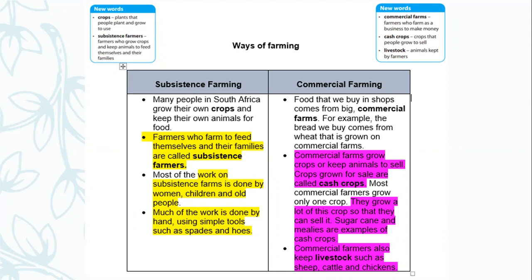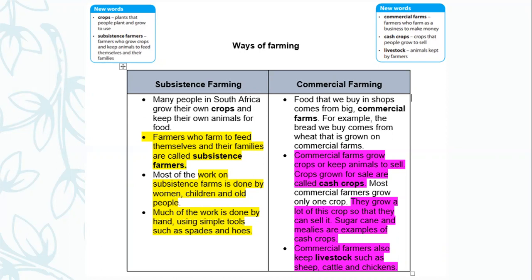So they decide to start a farm, whether it's a small farm in their garden, or maybe if they have the space to accommodate a larger farm, that's the farm that they will create in order to feed themselves and sometimes their neighbors. And also, if they do have a little extra, they will sell. But a subsistence farmer is someone who farms to feed themselves and their families. All right, I hope everyone understands.